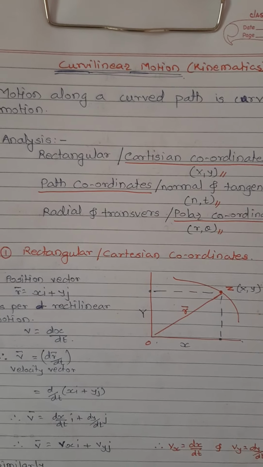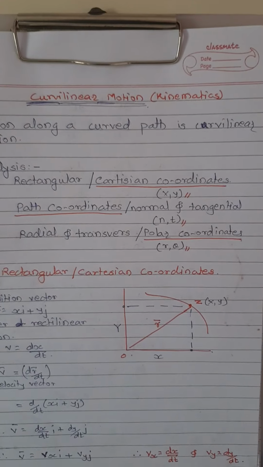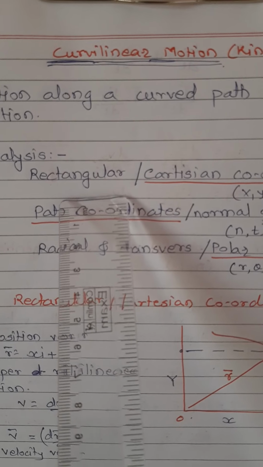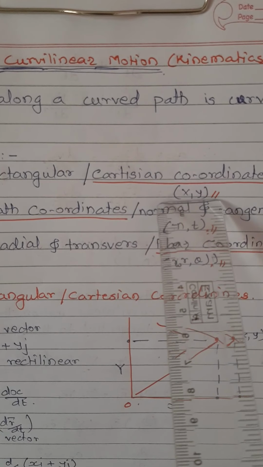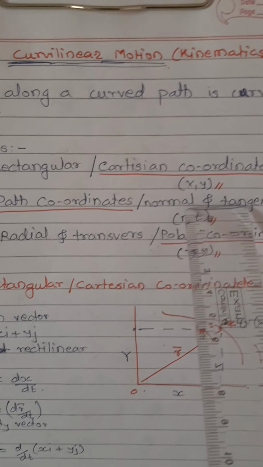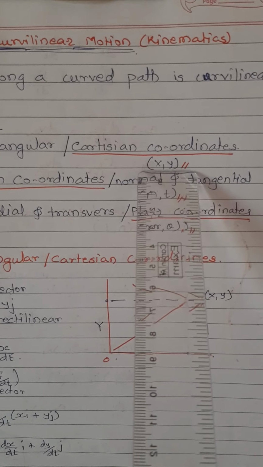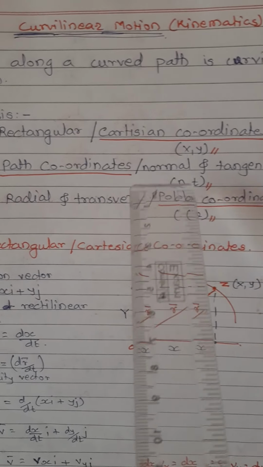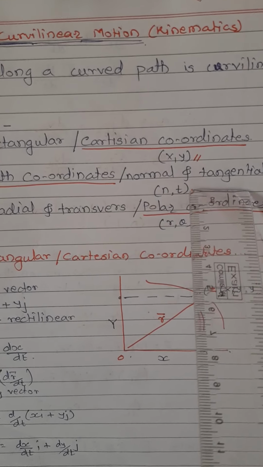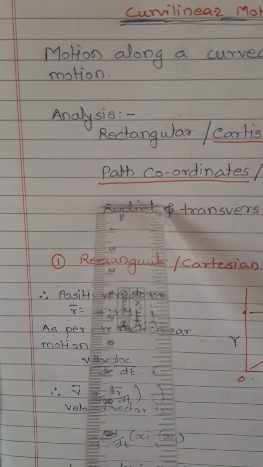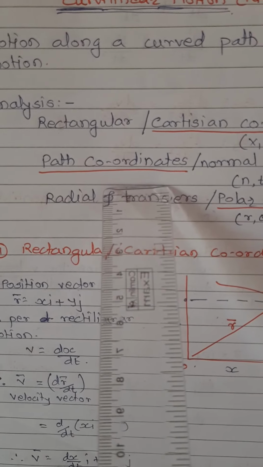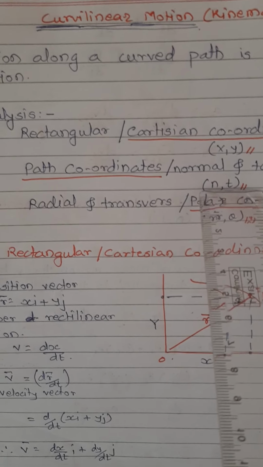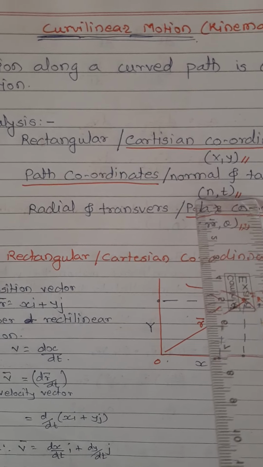we have to analyze it considering three systems of coordinates. The first system is the rectangular system of coordinates, or it is also called the Cartesian coordinate system, in which we are going to think of the x and y planes. The second system is the normal and tangential system of components, which is also called the path coordinate system, that is n and t are the directions, normal direction and tangential direction.